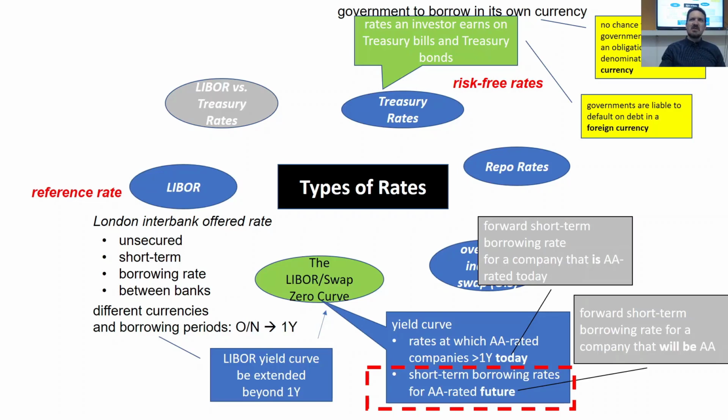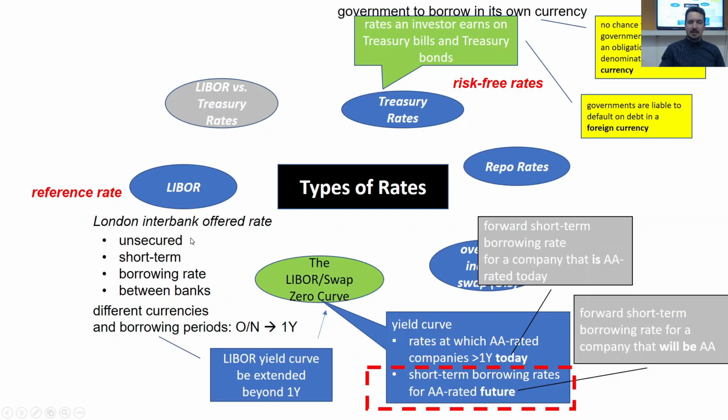Sometimes I was able to find longer ones, but usually they focus on the range between overnight and 1 year. We can also find LIBOR in different currencies, so that's why it's also a really good benchmark. But the problem is that it's unsecured, so first of all, there are no bonds behind it. It would still be really good if it were based on actual lending on the interbank market.